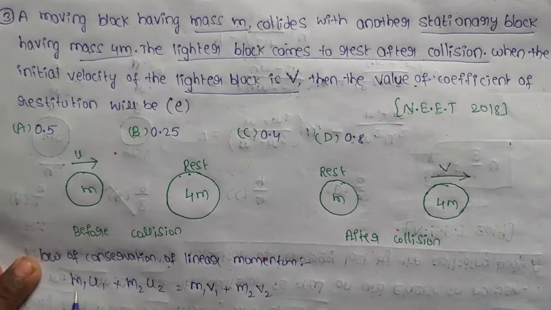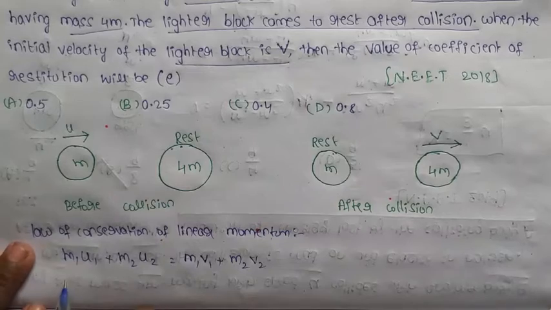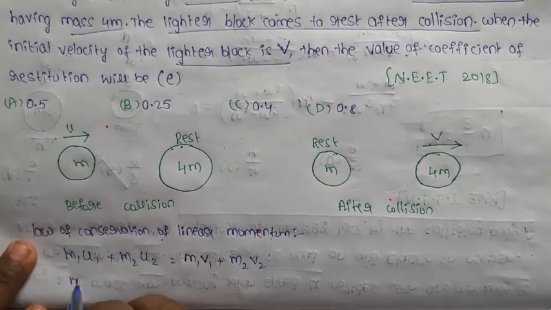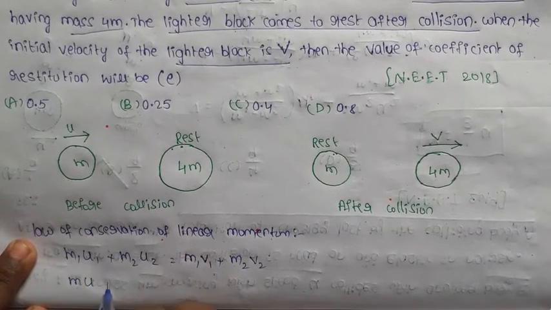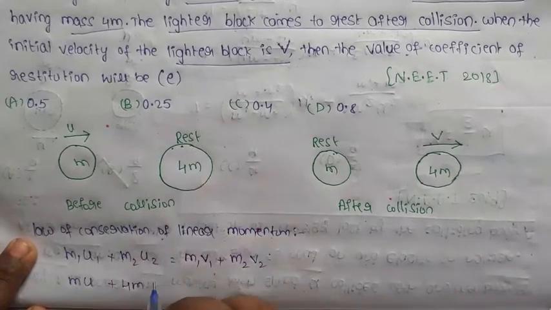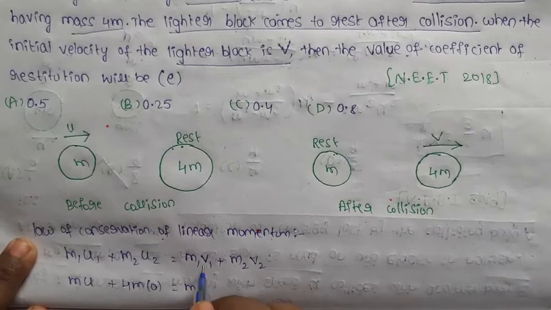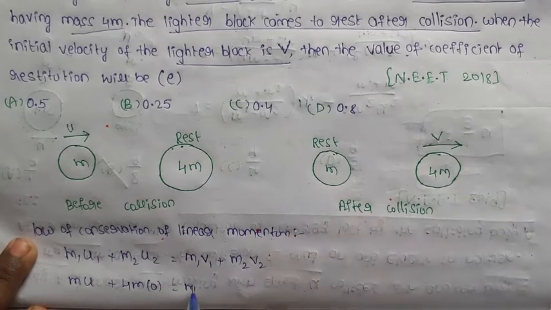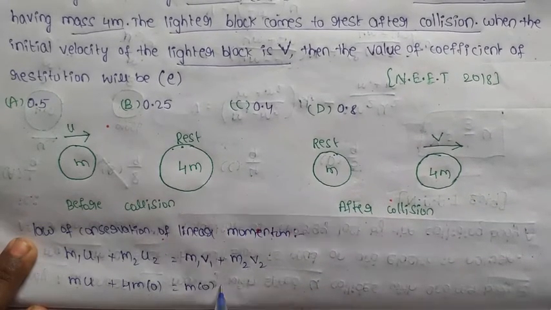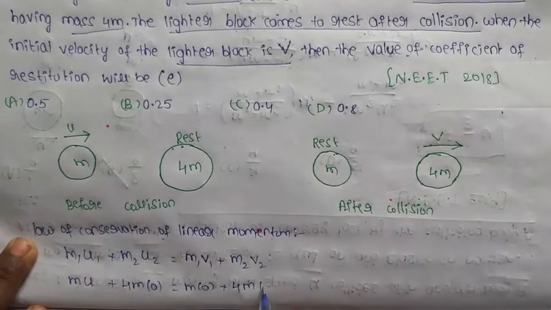I am substituting the values. The first body of mass m is moving with velocity u, and the second body of mass 4m is at rest, so its velocity is 0. After collision, the first body is at rest, so its velocity is 0, and the second body of mass 4m has velocity v.